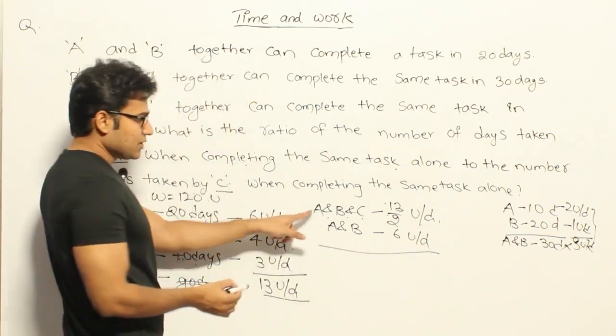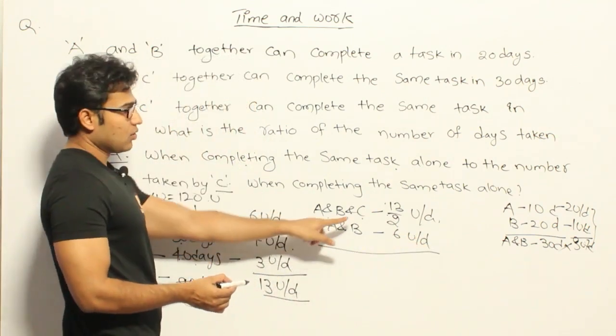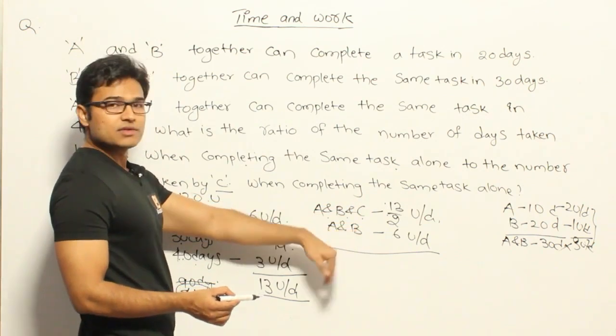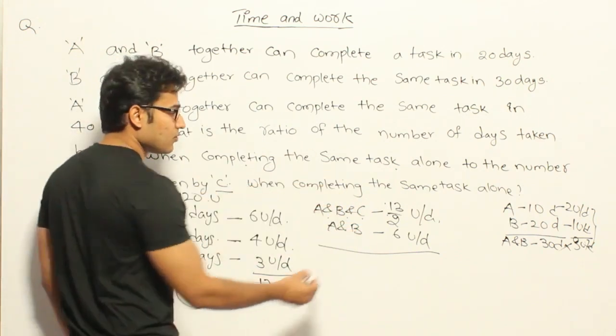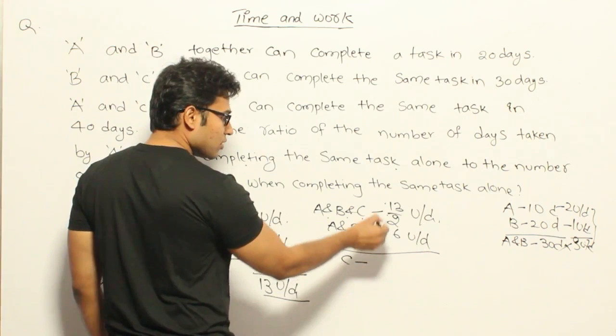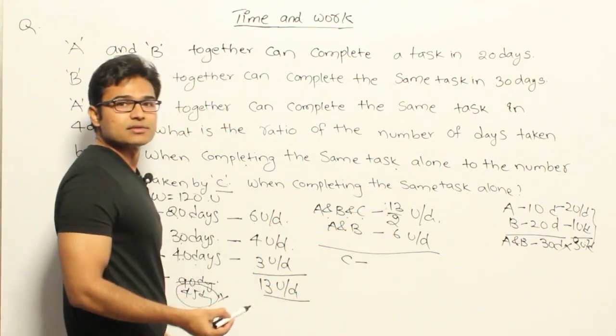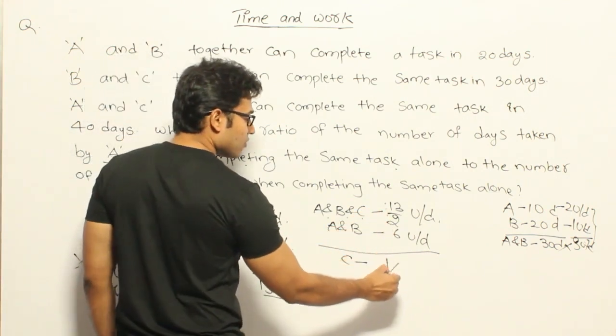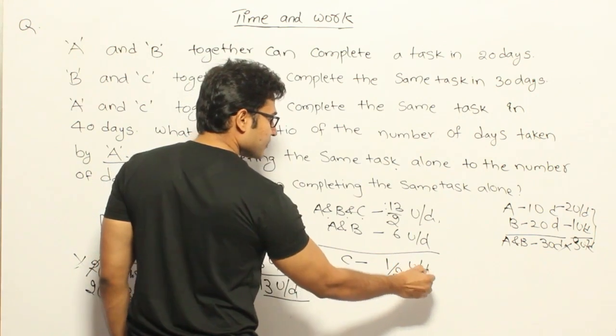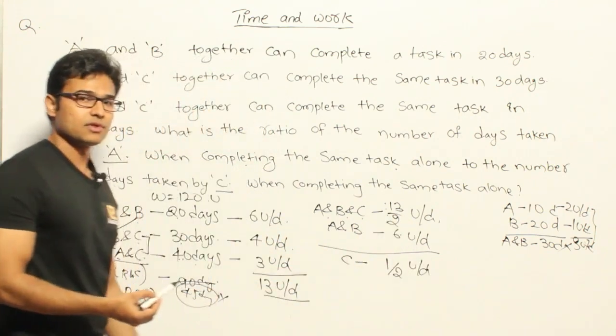Therefore, what is the difference between these two? Only C. So if I take out the difference, you will get the rate at which C is working. Therefore, rate at which C is working is equal to 13 by 2 minus 6, right? So I think you are going to get 1 by 2 units per day.